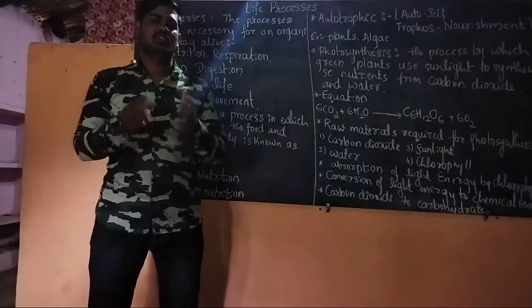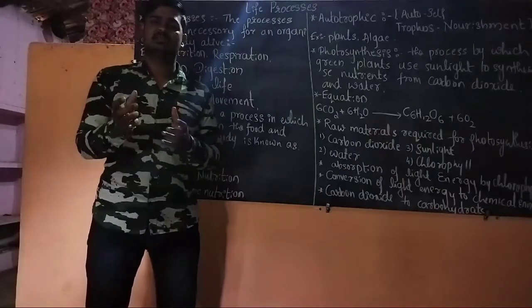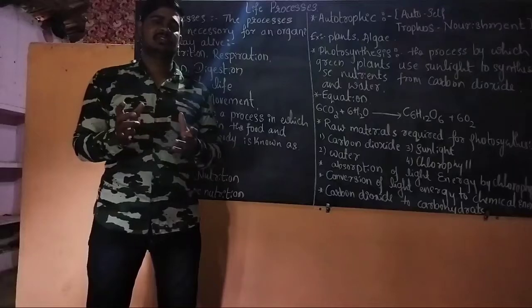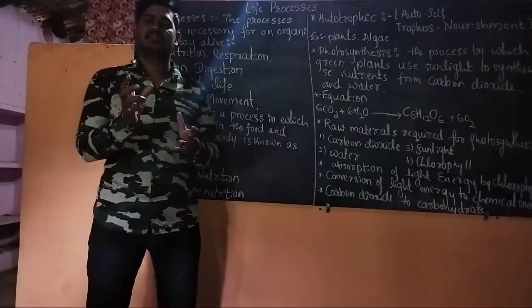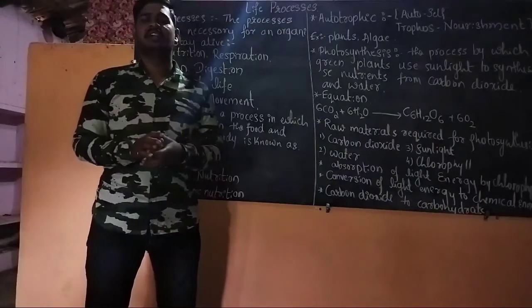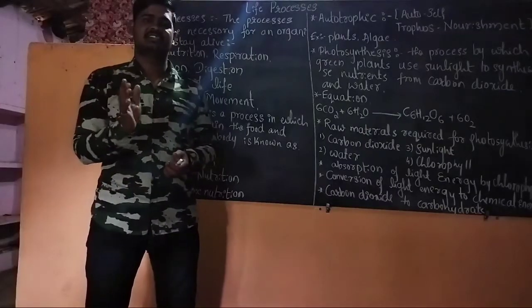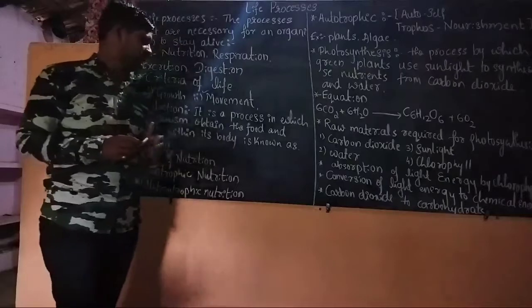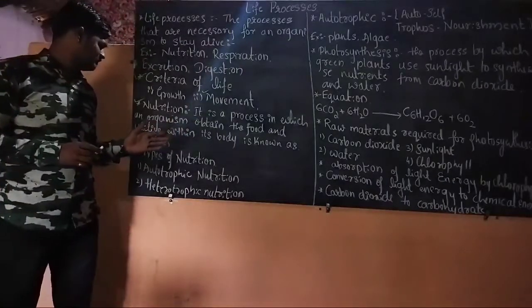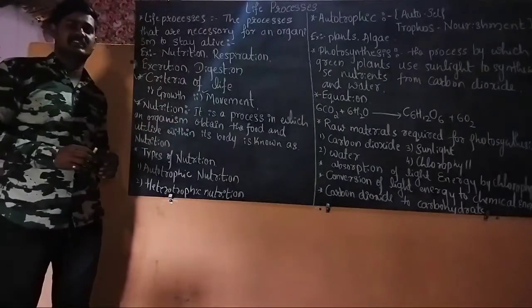We can't say that all the food we eat can be utilized by our body. Some of the food is utilized by the body and some is released by the process of excretion.